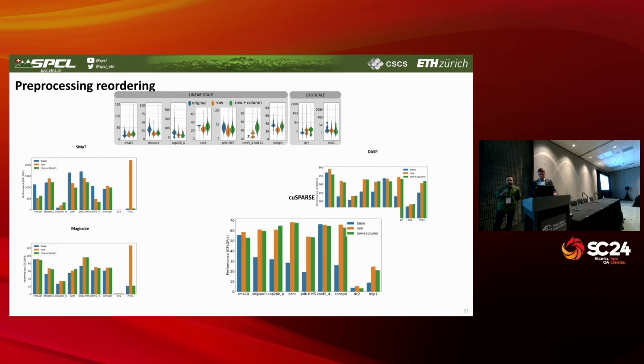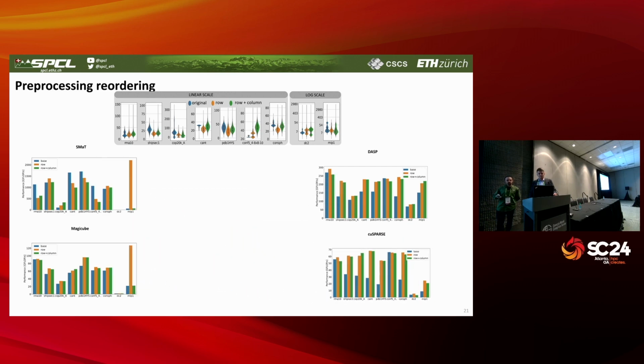So for these figures, they seem to imply that whether or not doing row or row plus column permutations does not have a stable and consistent impact on the performance. And for some of the matrices, it seems that using the baseline instead of doing any permutation will give us a better performance. So does that imply that using BCSR plus the Tensor Core API will be enough to achieve good performance for SpMM?